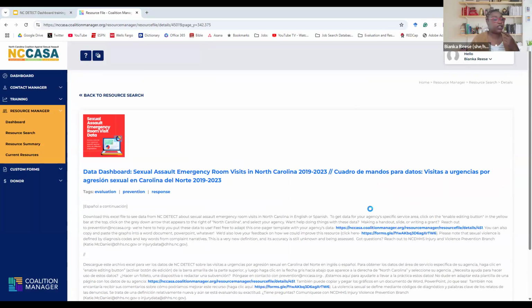And it's an Excel spreadsheet. So you have to have Excel. And this is what it looks like. I'm just going to zoom out just so you can see it all together, and then I'll zoom in and we'll go through each individual part. It's a very simple tool, one page. On the first tab, it's in English, and on the second tab, it is in Spanish. So I'm going to zoom back in.